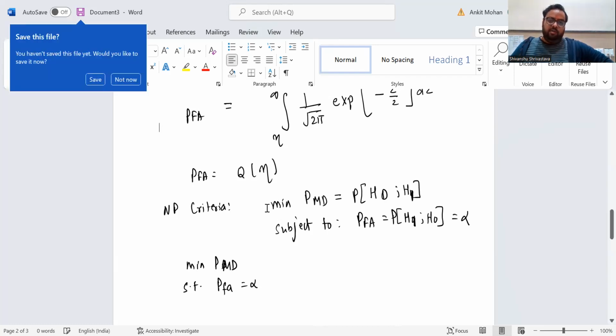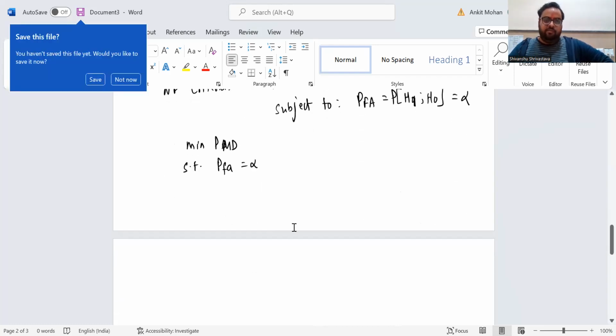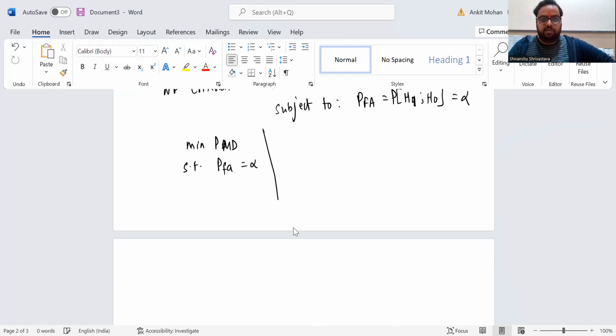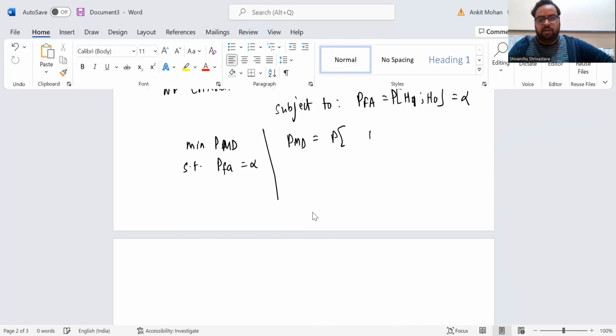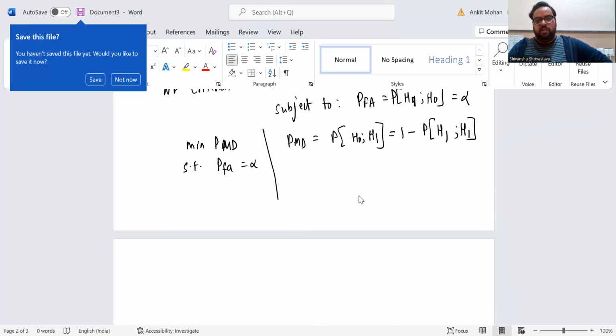Now you can see that when we write this PMD, the probability of misdetection, this is essentially the probability that H1 was transmitted, whereas we have decided H0. This is nothing but 1 minus the probability that H1 was transmitted and H1 was decided.